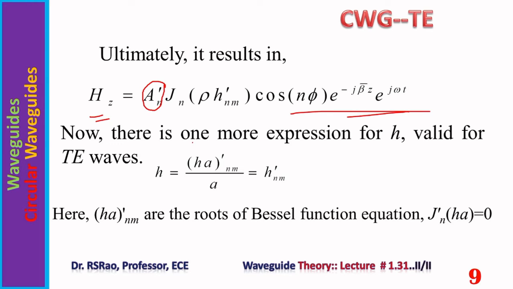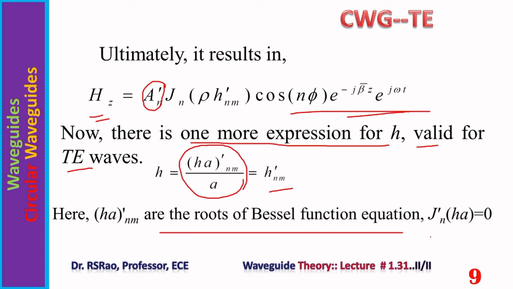Now there is one more expression for h valid for TE waves. It is h equal to h'_nm by a. This fraction is called h'_nm. Here h'_nm are roots of the Bessel equation J'n(h a) equal to 0. Already we have an expression in the form of the characteristic equation: h square equal to gamma square plus omega square mu epsilon.